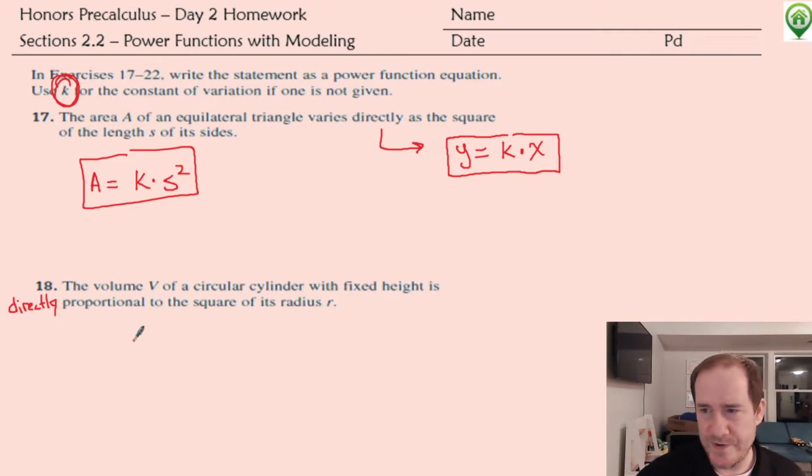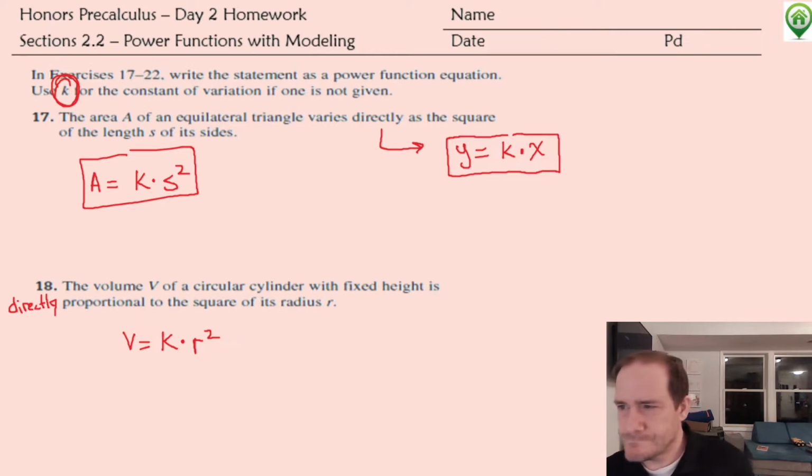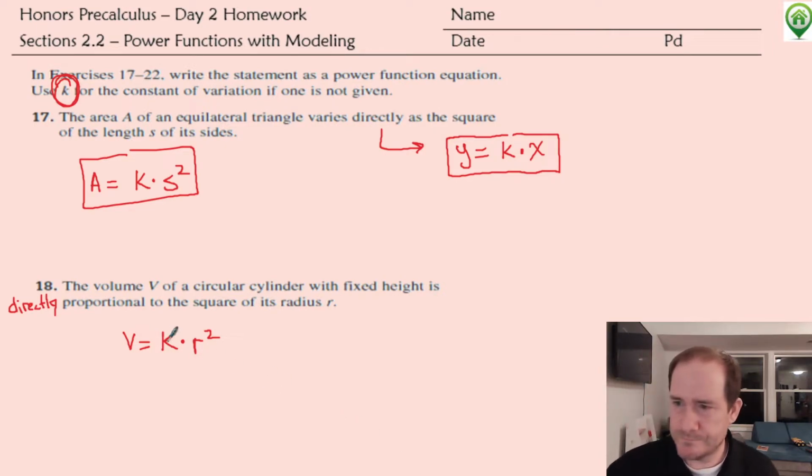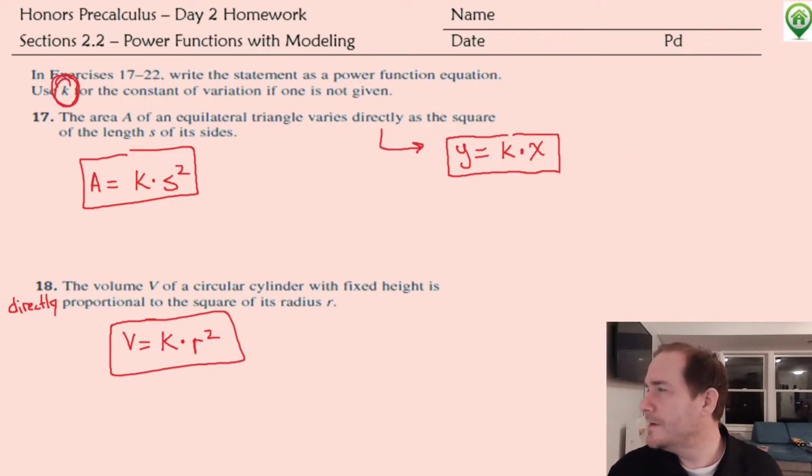So you'll set this up the same way, where your y variable V is equal to, they're not giving us any constant of variation, so we'll use k, multiplied by r squared. That's it. That's all. And there's no more to it than that. You're writing that equation and move on. So moving on.